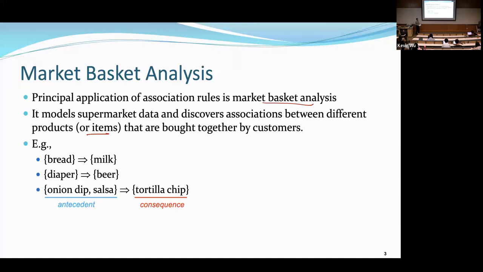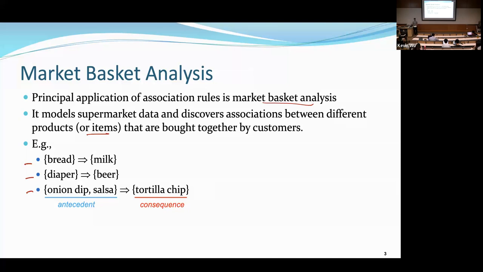For example, these are some example rules that you might be able to discover from a supermarket data set, such as bread implies milk, diaper implies beer, onion dip and salsa sauce implies tortilla chip, etc. So you could discover huge numbers of such association rules.